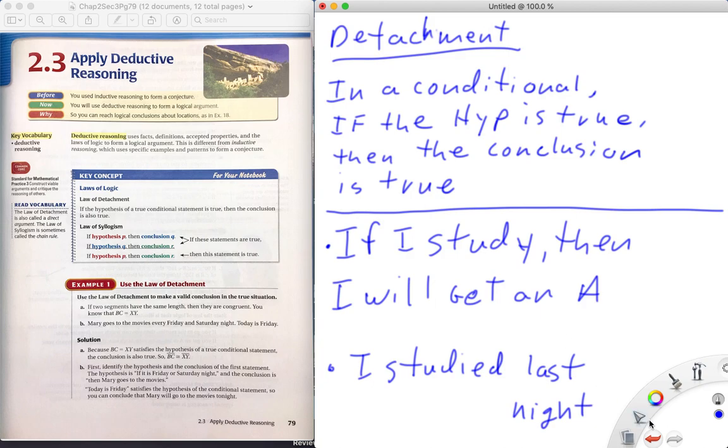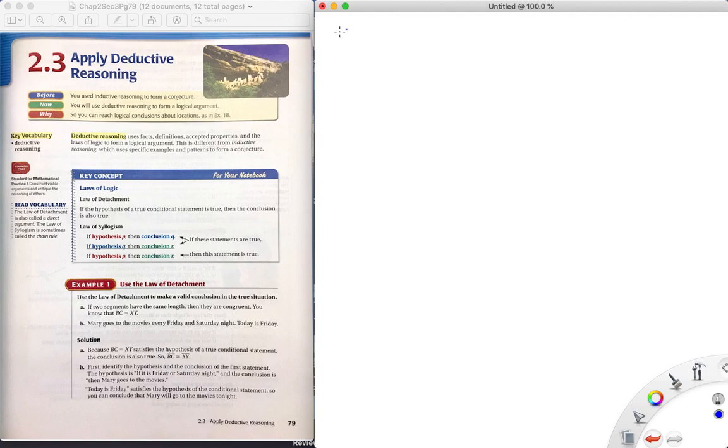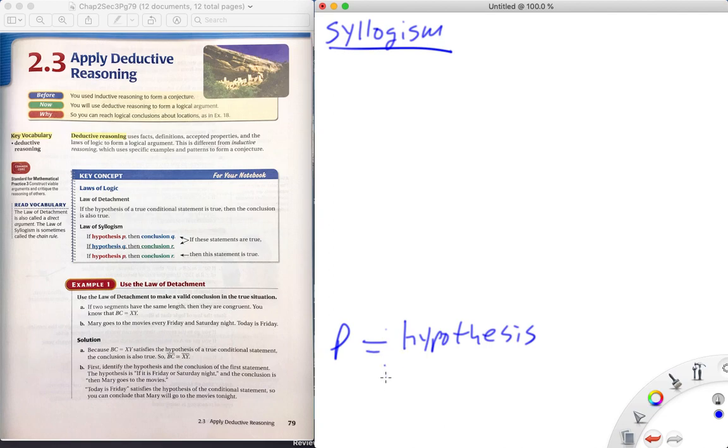The law of syllogism says a couple things. Thing number one, we have these notations for things. P means hypothesis. We'll talk about this real soon.